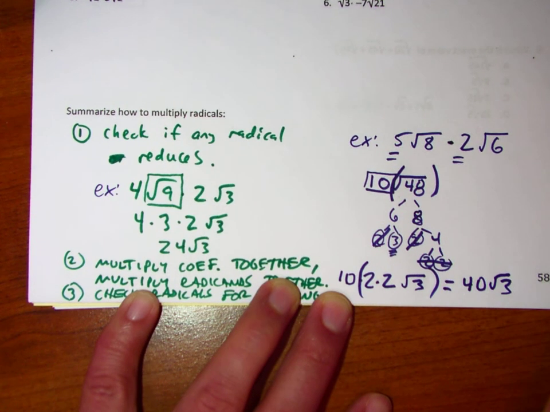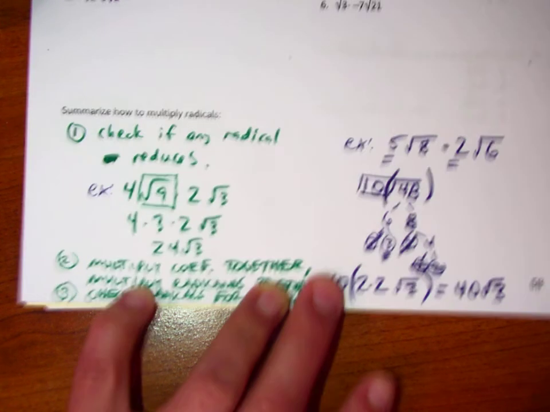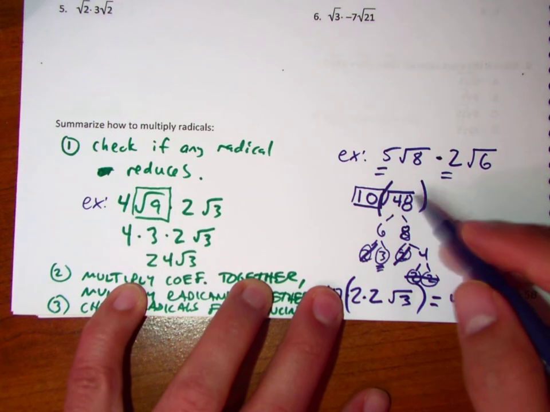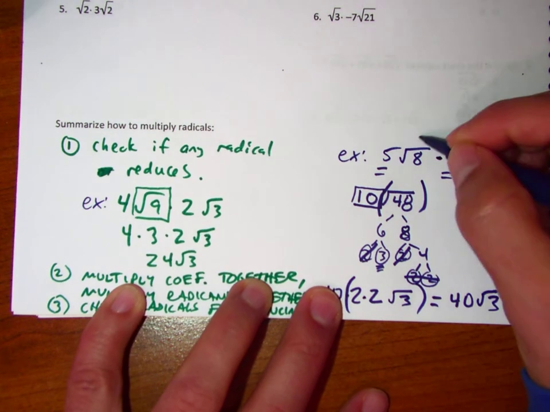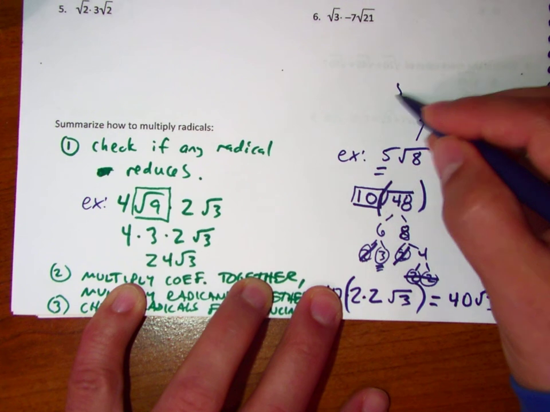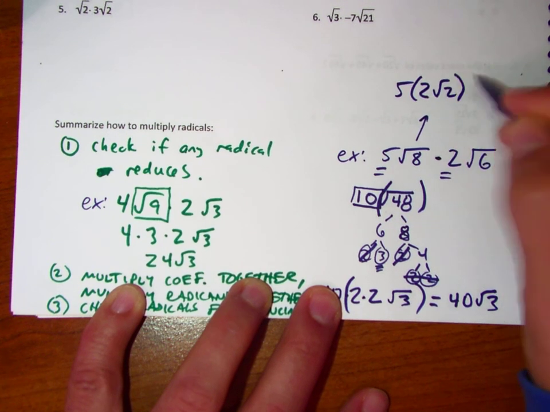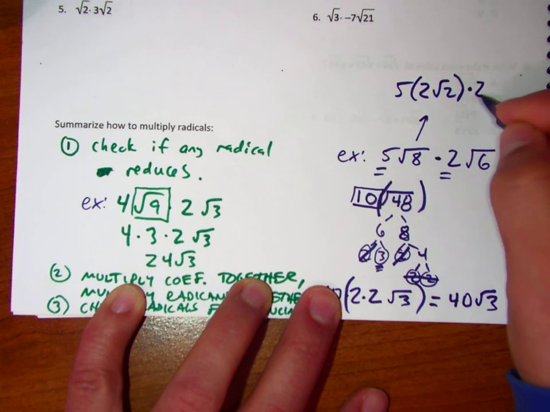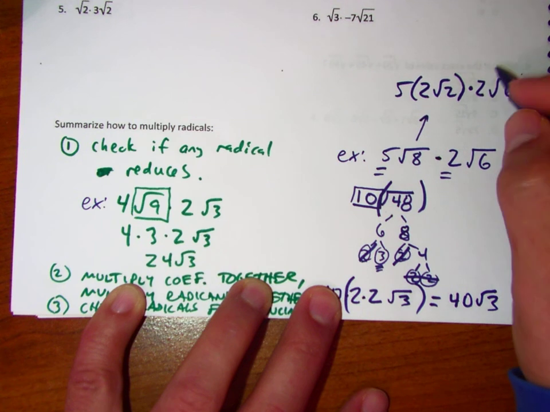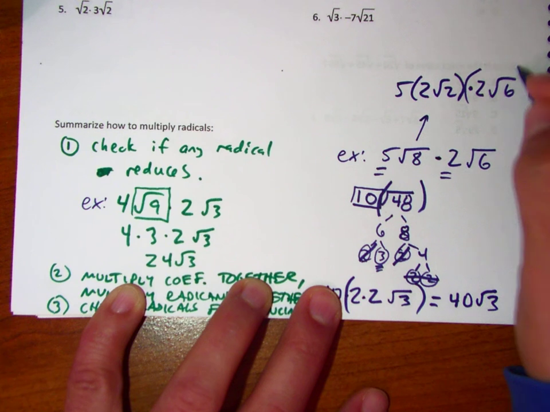Okay, now let's say you do it a slightly different way, like you see, oh, well, I know that if I break down the square root of 8, the square root of 8 is really 2 root 2. Okay, no big deal.